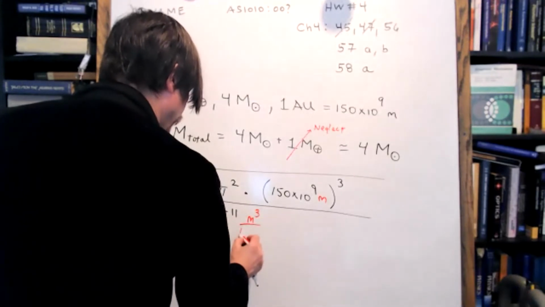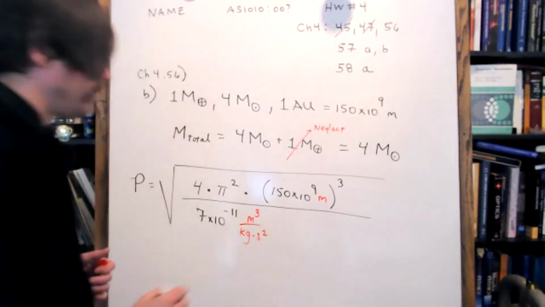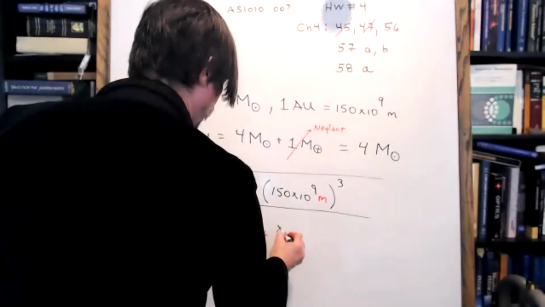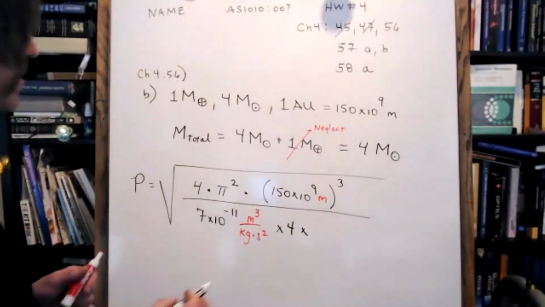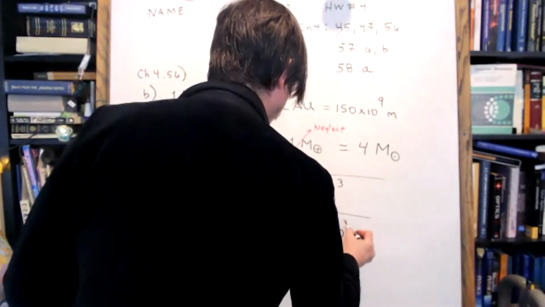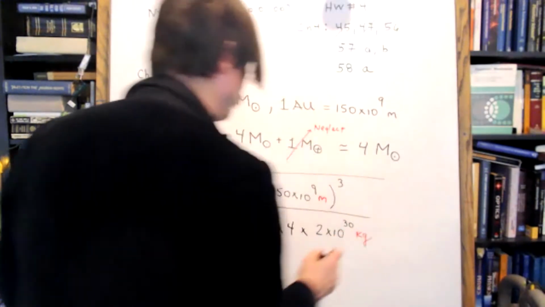The units of big G are meters cubed per kilogram per second squared, times 4 times the mass of the sun, 2 times 10 to the 30 kilograms.